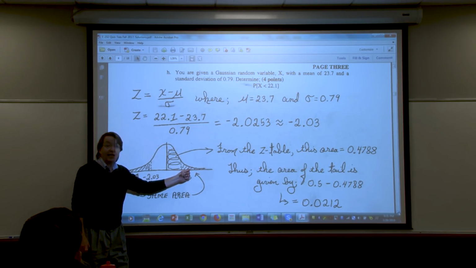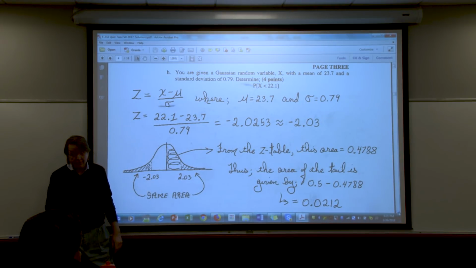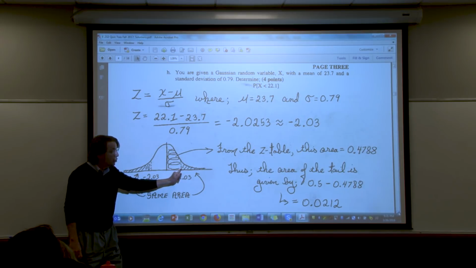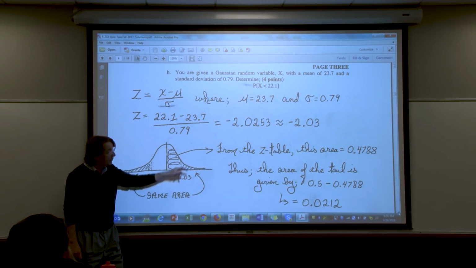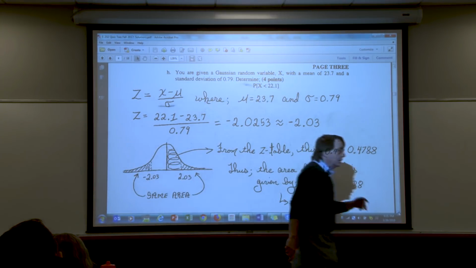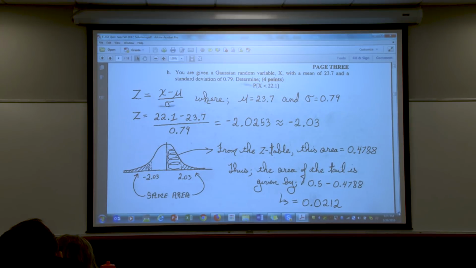Now, can I get that from the z table? Not directly. So I go here, this area from 0 to 2.03. I can get that from the z table. So I go to 2.03. Let me do it once, just so you know we can do it. 2.03.